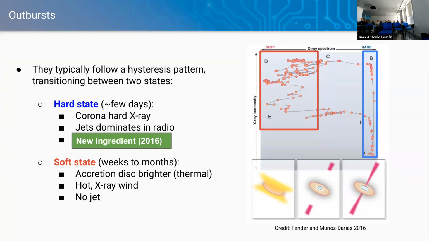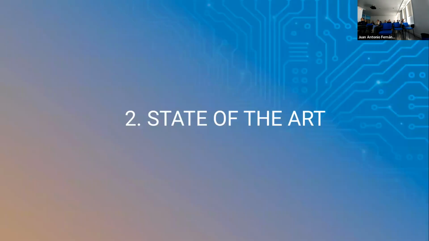They were mainly iron 25 and 26 lines, so higher ionization lines. And they found that they were blueshifted. That means that whatever is absorbing those photons has to be moving, in this case, away from the system and towards us. And that's why they interpret it as an outflow. Okay, so this was the picture, as I was saying, until 2016.